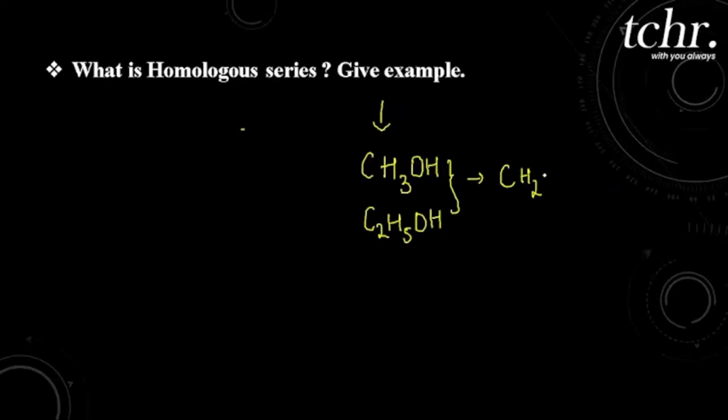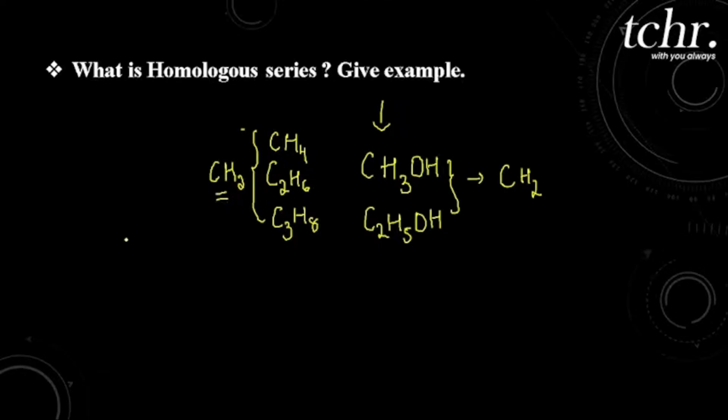You take any compound for that matter. For example, methane is CH4, ethane is C2H6 and propane is C3H8. So it goes on like this: methane, ethane, propane, butane. When you observe all this, each one differs by one carbon and two hydrogen atoms, right? So a CH2 unit.